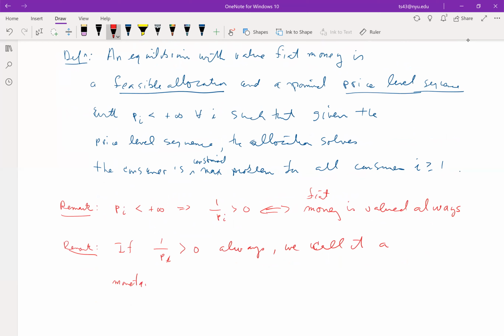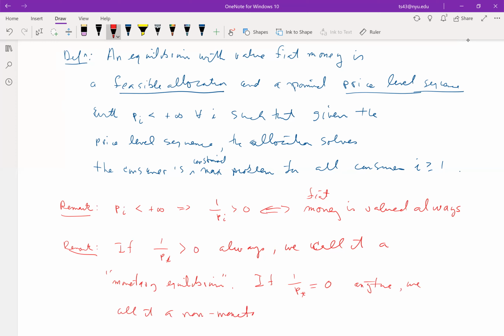It's Samuelson's notation or language. Neil Wallace has used this a lot. If 1 over PI equals 0, at any time, we call it a non-monetary equilibrium.